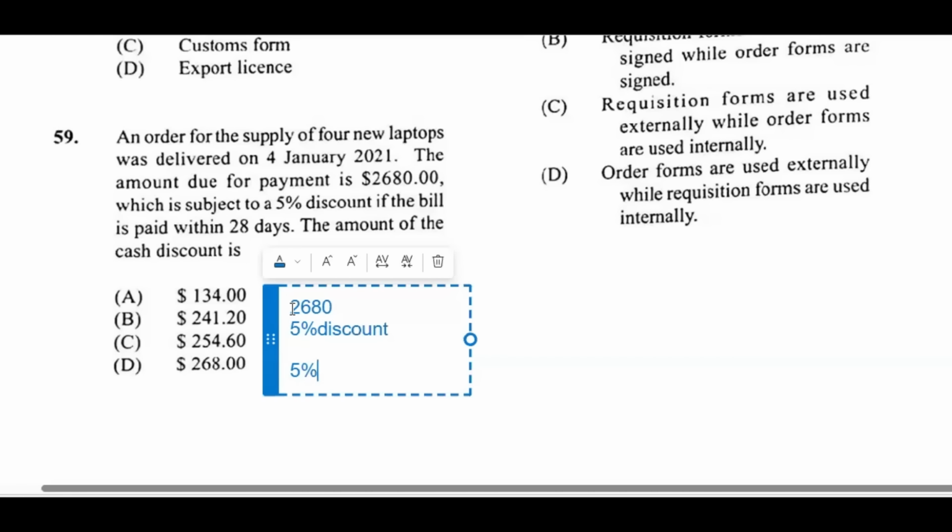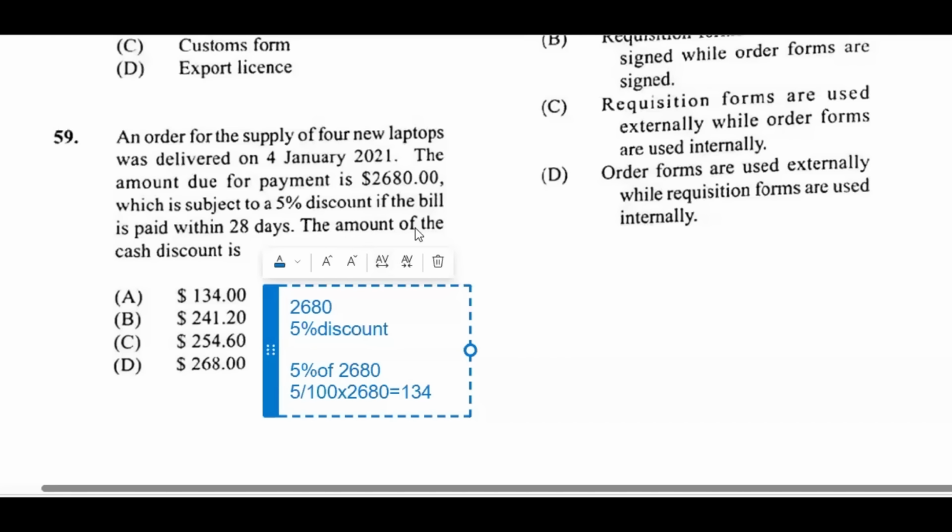So what we have to find is 5% of 2680. So 5 divided by 100 multiplied by 2680 is $134.